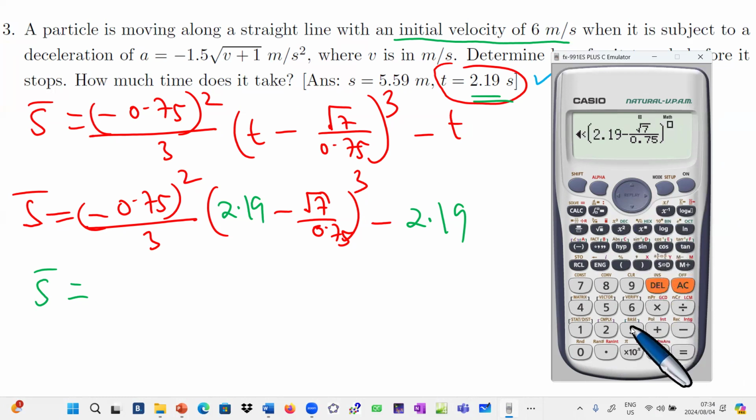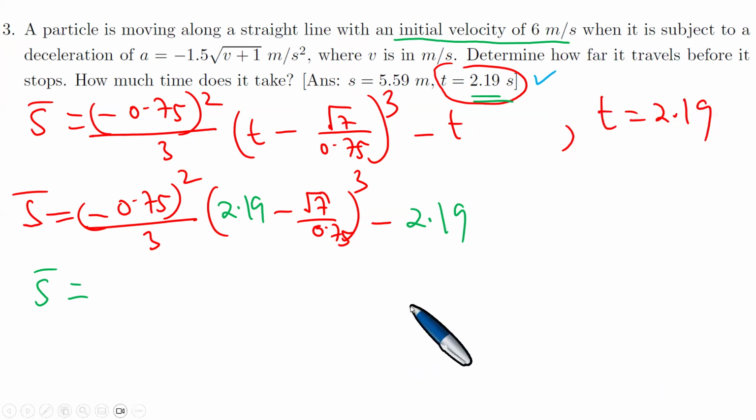You raise it to a cube, minus 2.19. So it's giving us a negative result.